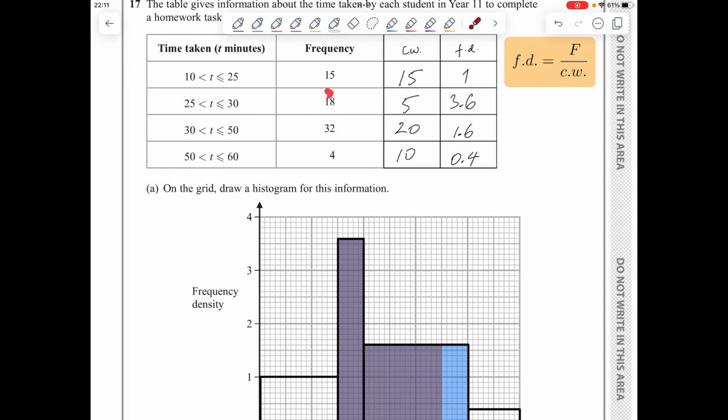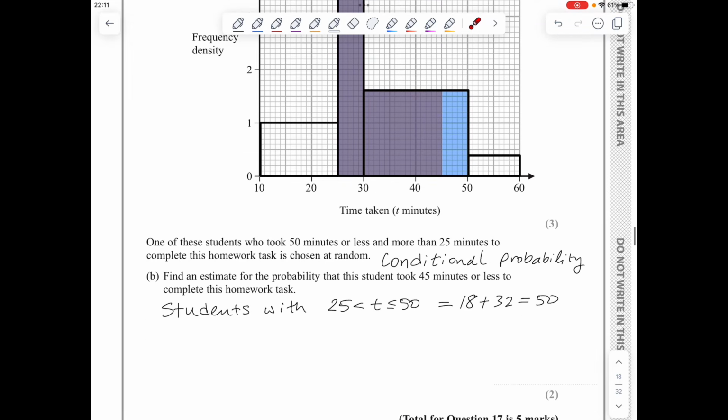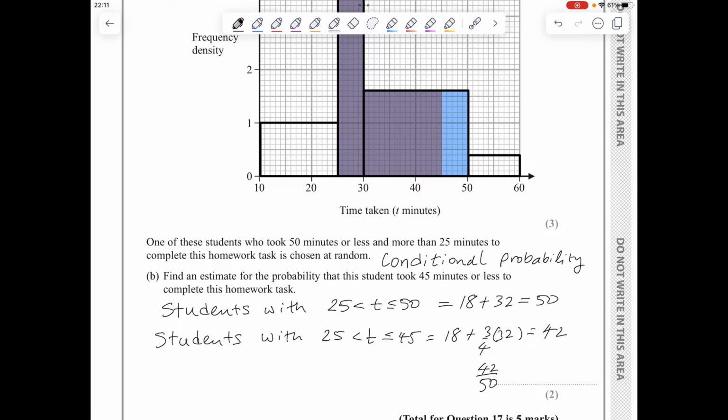So I need the 18 and 3/4 of 32. So let's write this down. So 18 plus 3/4 of 32. This is 42 students. So now to find the probability, I just need 42 out of 50. This is equal to 0.84, or as a percentage, 84%. Any answer of those three will give you the marks.